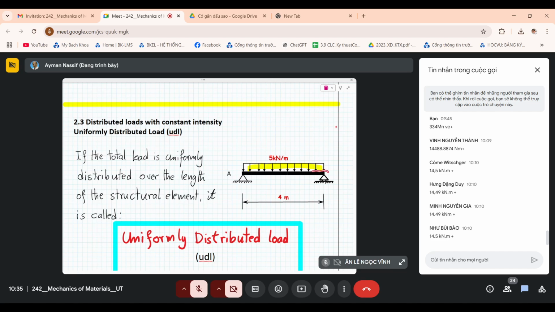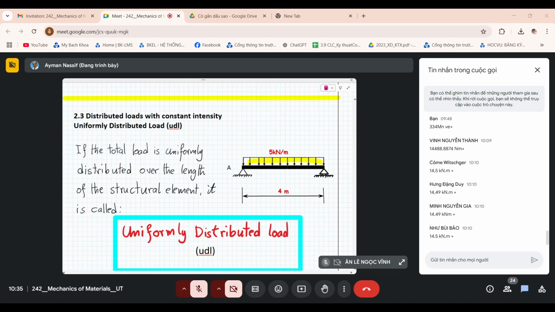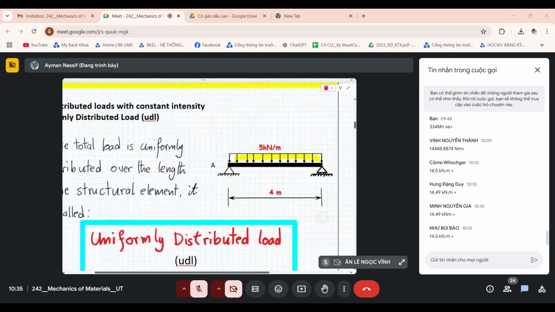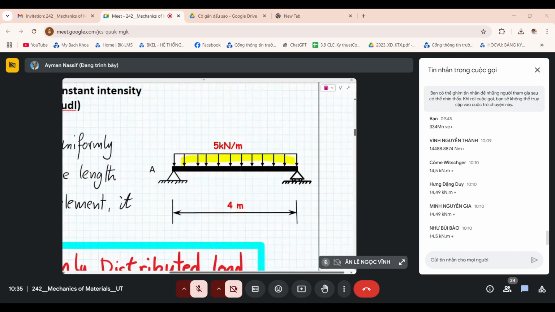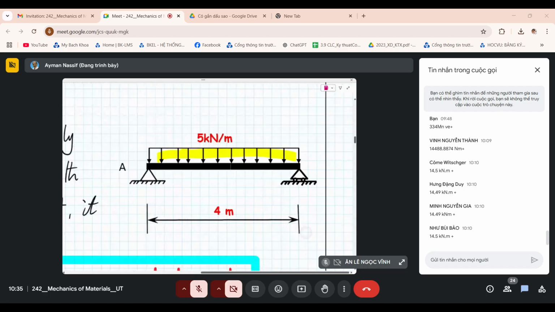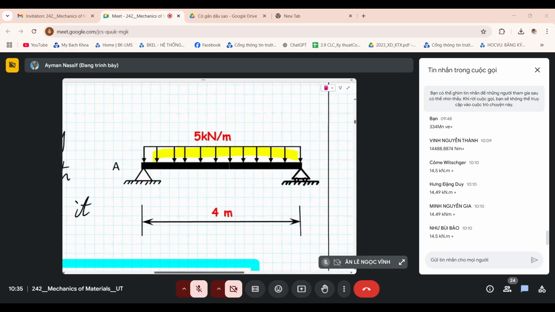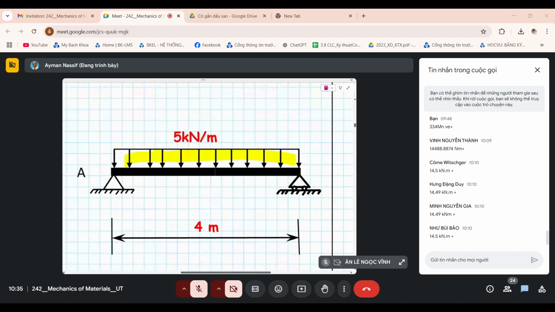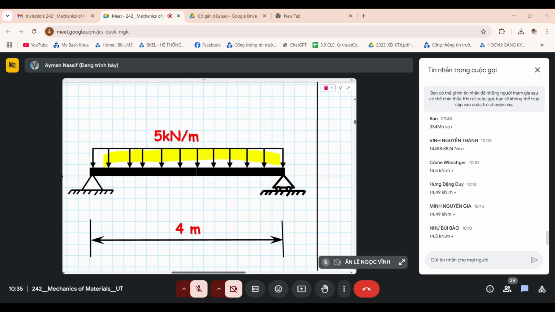So if we present a beam like this, and if we think there is a constant intensity pressure, constant intensity loading on this beam, it could be actually the self-weight of this element, how heavy this element is. If it's a very big steel element, it could be similar to that actually.